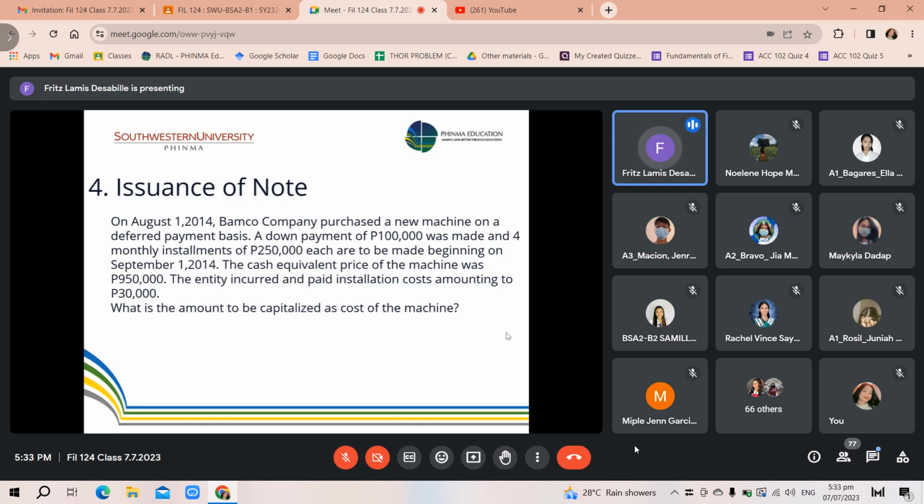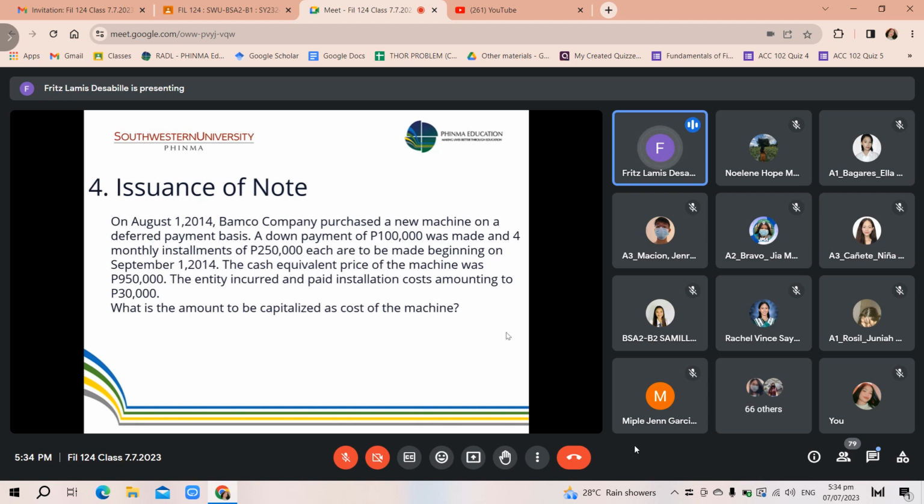Okay, in this problem guys, if you remember what we discussed, if there is a cash price equivalent, that's our first priority. Now in this problem, it has a cash price equivalent of 950,000. Now, this is the part wherein it plays out, how do we record the note payable, no?